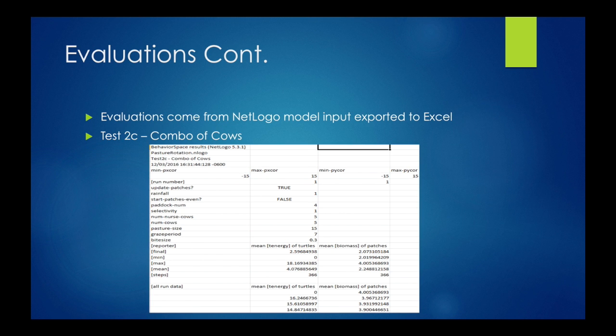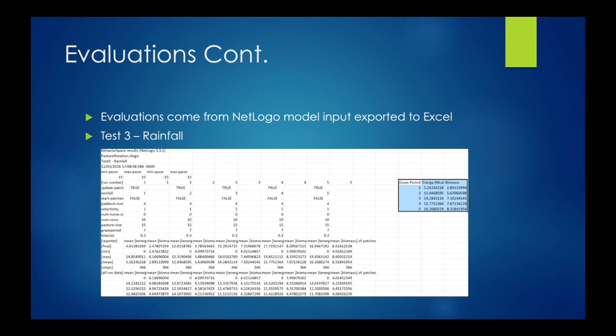Test 2C was using a combo of cows, so the 5 and 5 split, and again, we received output for the constant set as well as the variables we plugged in. Third test, again, it's another output from our NetLogo model, and this was looking at how rainfall can impact graze periods, the health of the grass, and ultimately how well cows can restock their energy.